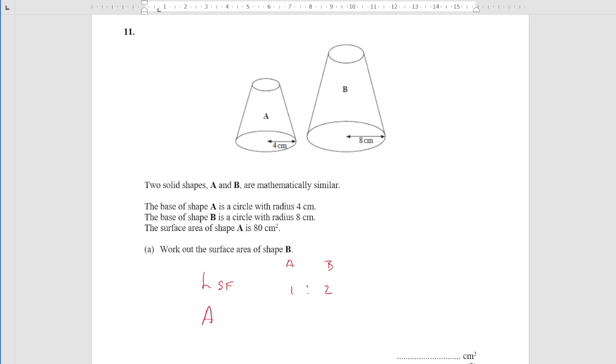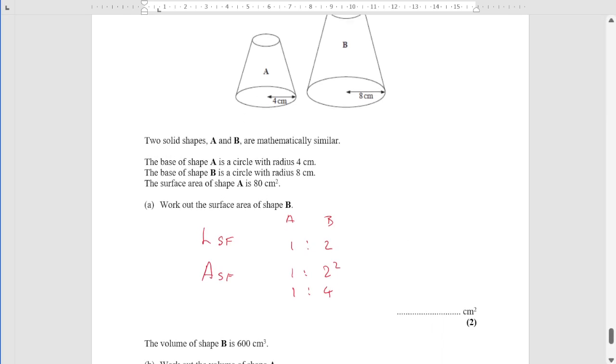So we've got an area scale factor of 1 to 2 squared, or 1 to 4. Surface area of shape A is 80. So the surface area of shape B is going to be times by 4. So 320.